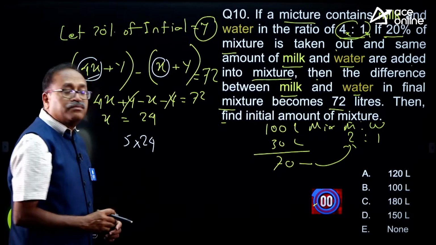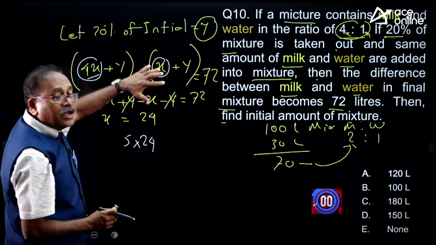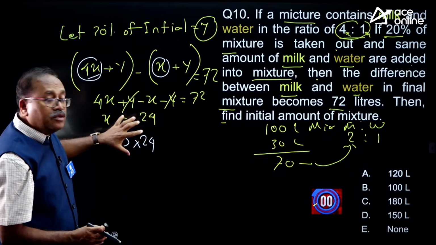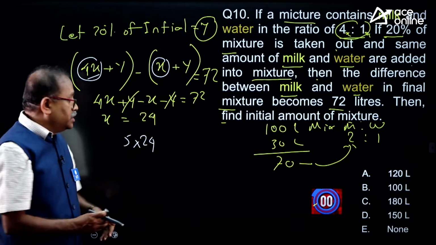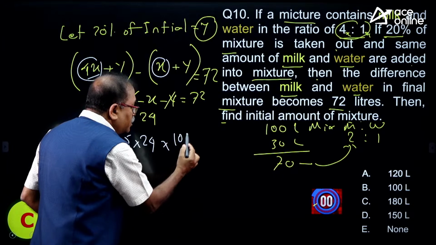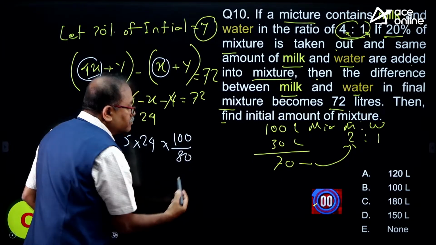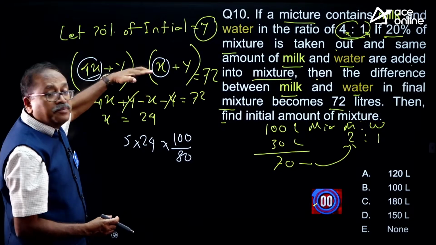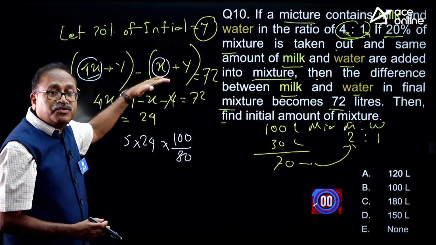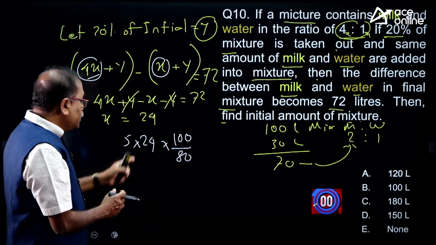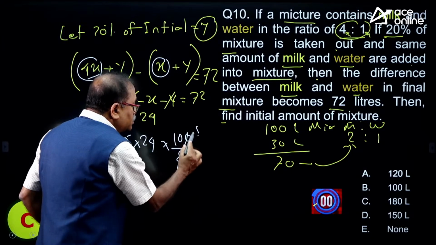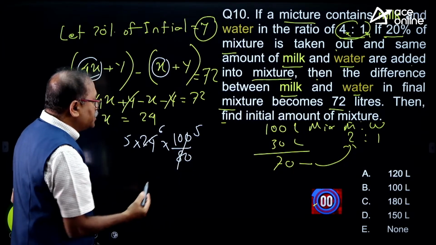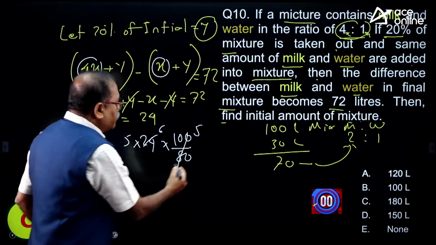But this value is 80% because 20% is taken out. I need the 100%, so I will make this 100 by 80. Because the 4x and x represent 80% of the total quantity. 5 times 24 into 100 by 80 gives 150.